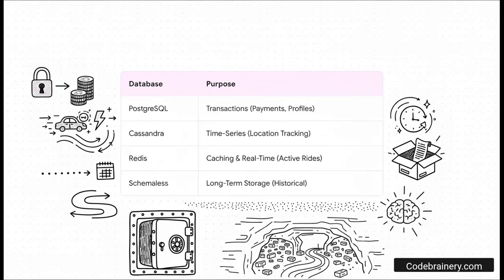But for that constant fire hose of location data from drivers every few seconds, they use something like Cassandra, which is built for that kind of speed and scale. For data you need instantly, like who's on an active trip right now, that's kept in a super fast in-memory cache with Redis. The big takeaway here is that a one-size-fits-all approach would completely fail. The real genius is knowing when to trade off one thing for another, like consistency for speed, depending on what the job is.